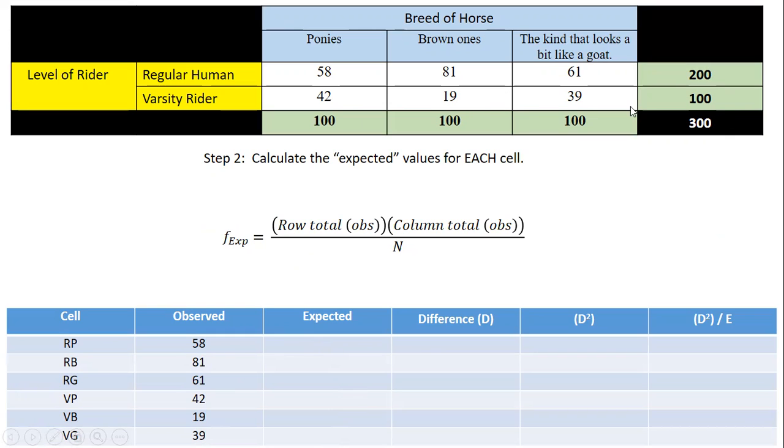Whatever cell we're talking about, so if this is the one we're doing varsity riders on brown horses, it is going to be row total 100 multiplied by column total of 100 divided by total number of 300 here to get that value, and do that for each and every one of these and go ahead and solve for that.